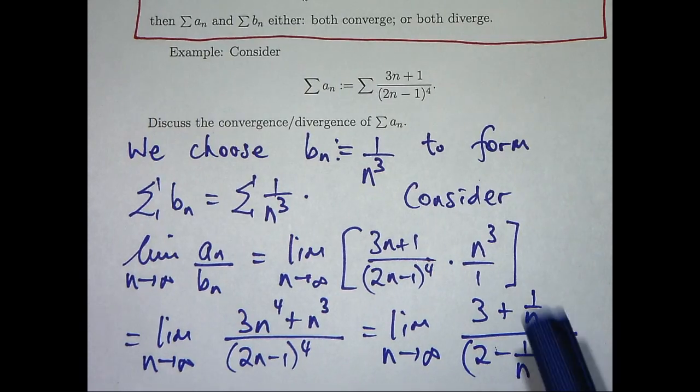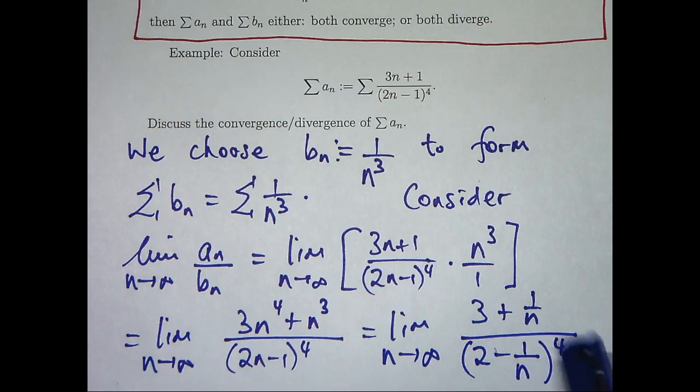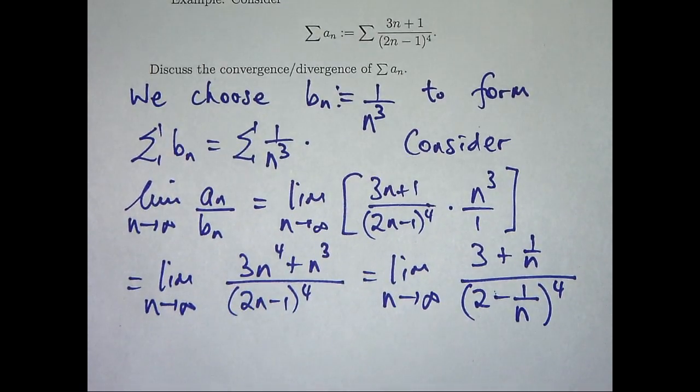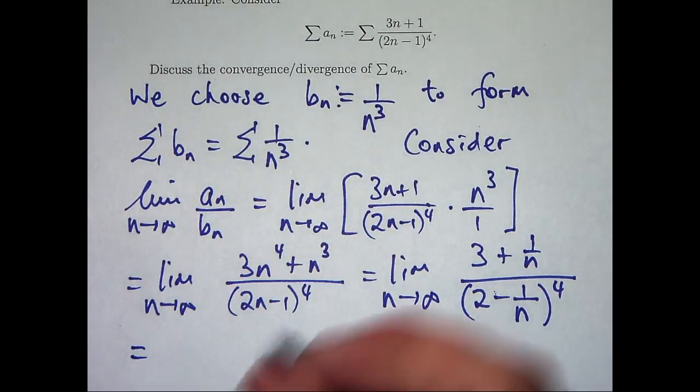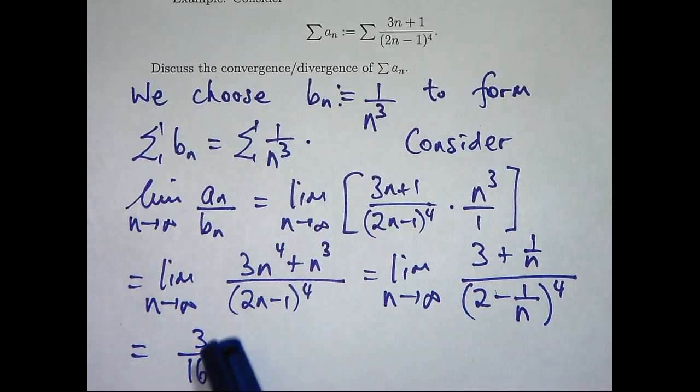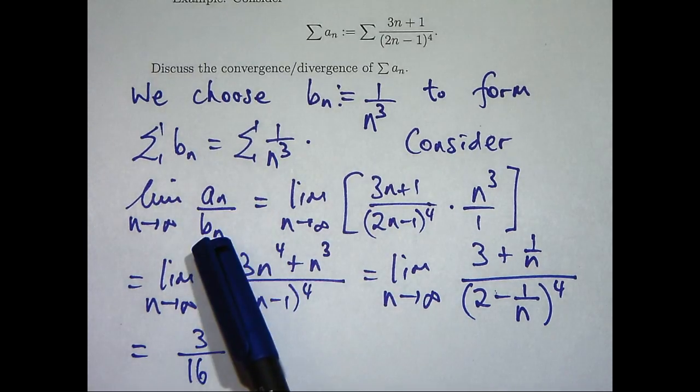Okay, so now let's take this limit. The limit of the top is going to be 3. The limit of the bottom is going to be 2 to the power 4. So I'll get 3 on 16 for the limit of this ratio.